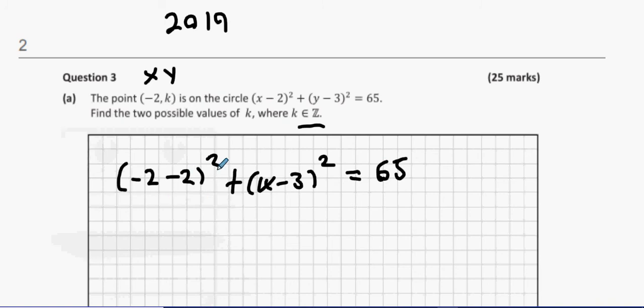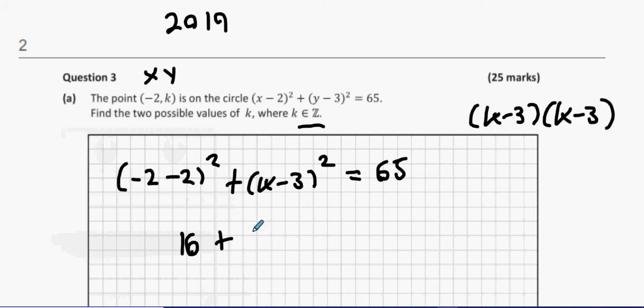Multiply that out. Minus 4 squared is 16. We're going to have (k minus 3) multiplied by (k minus 3). So we get k squared minus 6k plus 9. Take away the 65 equals 0.